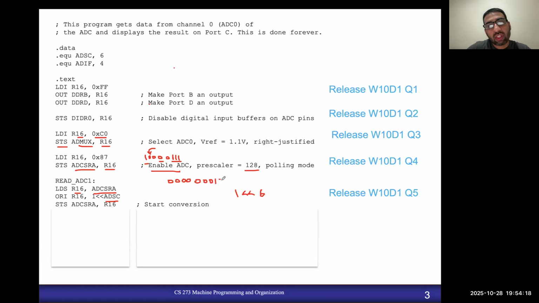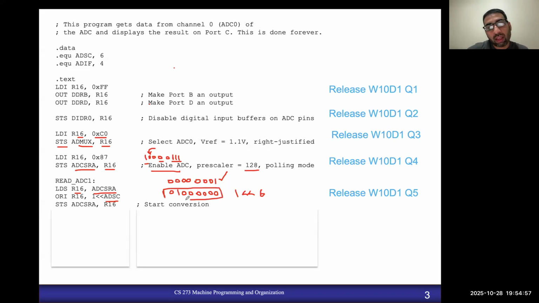Now when I shift this 1 left 6 times, what will I get? This 1 will be moved into bit position number 6. I don't want to write the number after shifting every time, so I'm writing the final result after shifting 6 times toward the left. So 1 will be in this position, right? So basically I'm saying ORI R16 with this binary number, right?